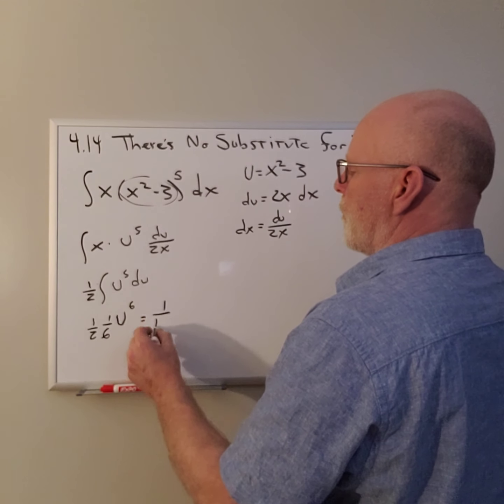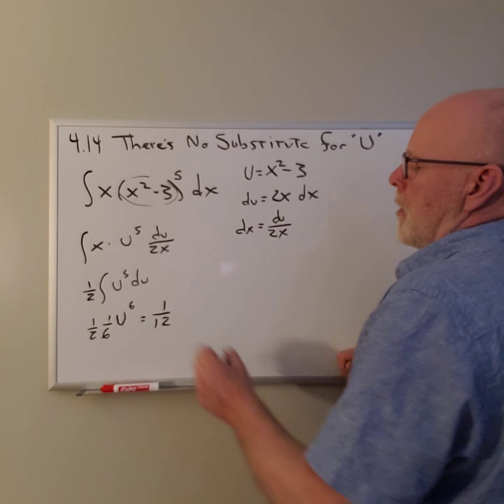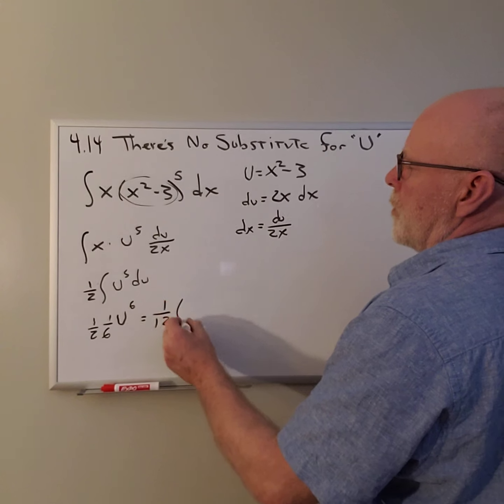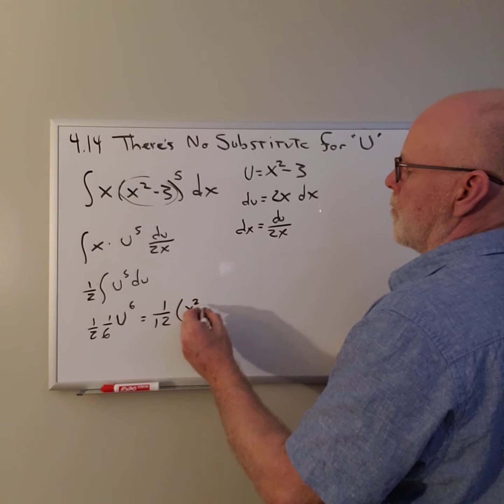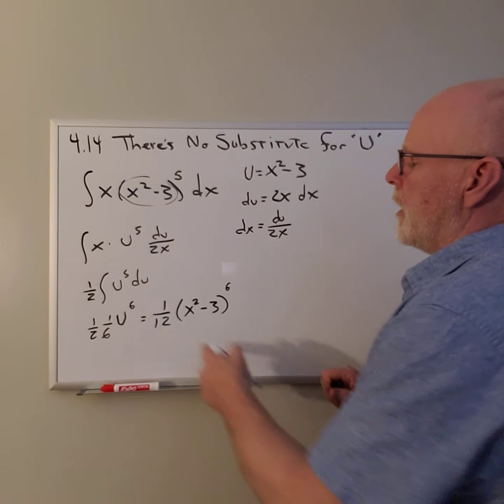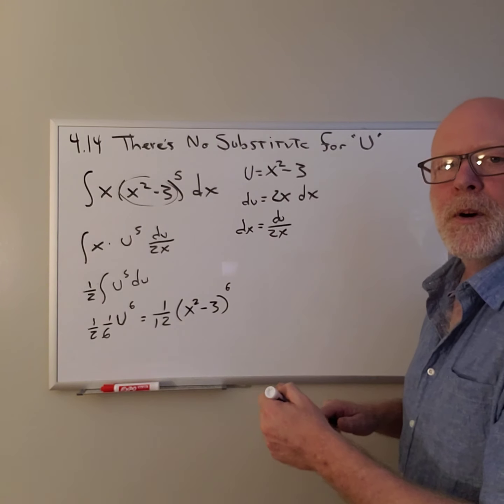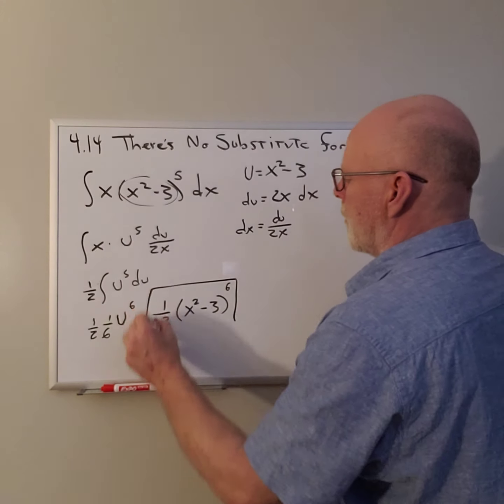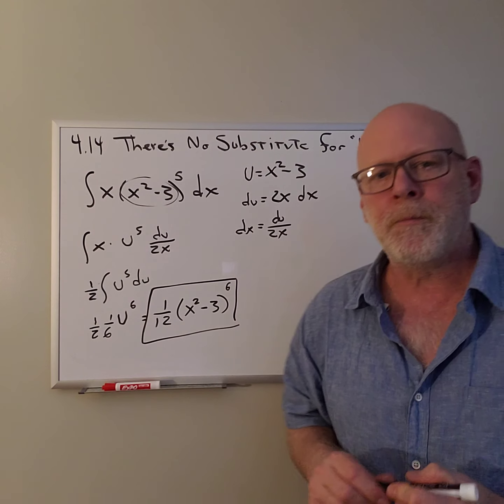And that gives us 1/12 u to the 6th power, but we know that u represents x squared minus 3. So 1/12 (x squared minus 3) to the 6th power. If you want to write that as (x squared minus 3) to the 6th over 12, that's fine too. Any way you want to go.